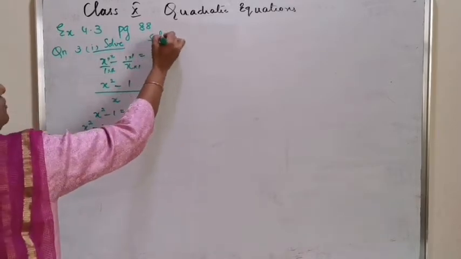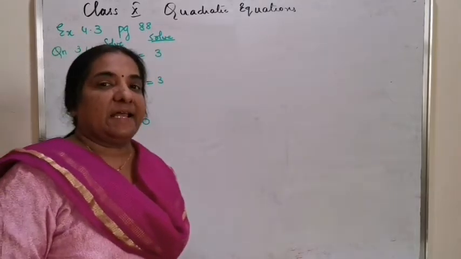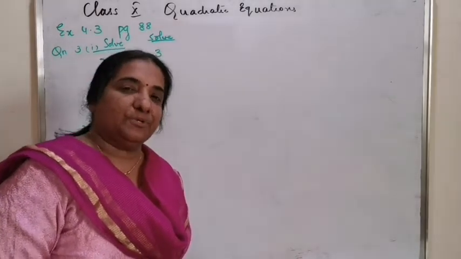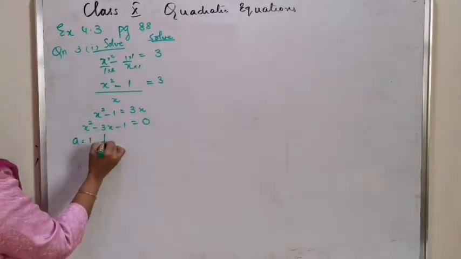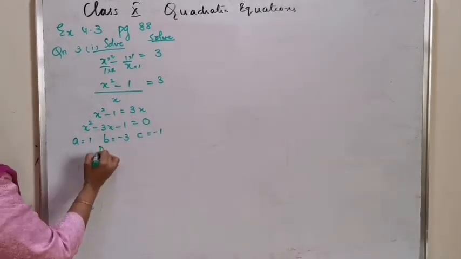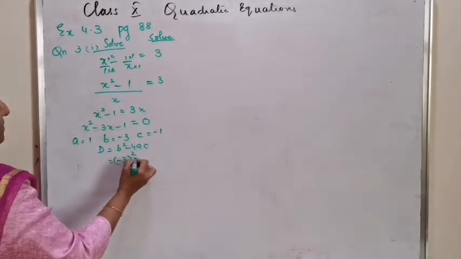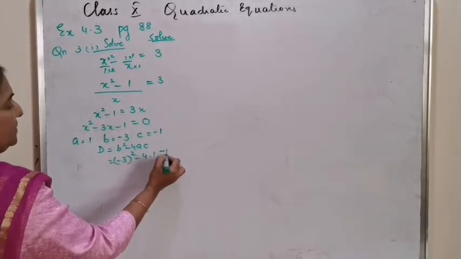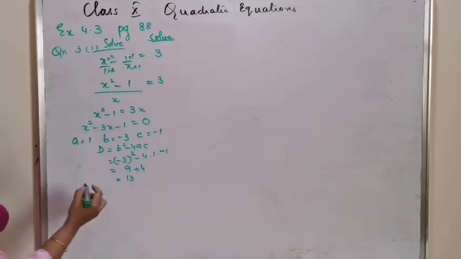In a question like solve, you may get the answer in irrational form also, so it is better to proceed with the quadratic formula. A is equal to 1, B is equal to minus 3 and C is equal to minus 1. D is equal to B square minus 4AC, which is minus 3 the whole square minus 4 into 1 into minus 1, that is 9 plus 4, which is equal to 13.